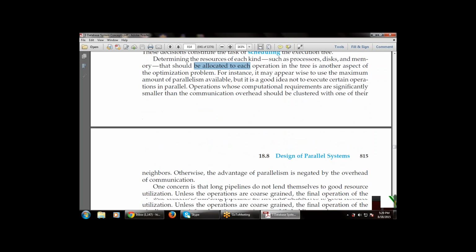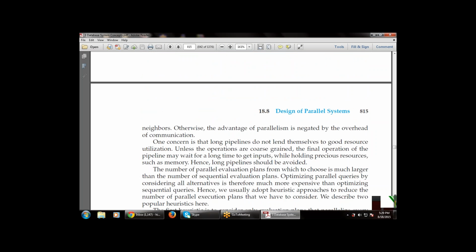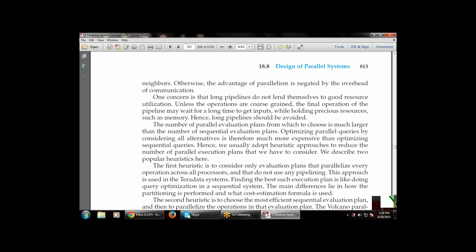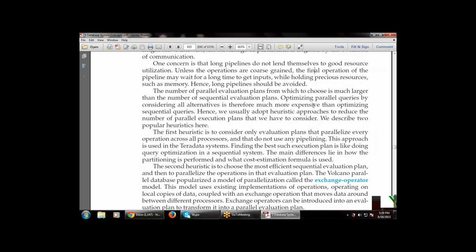The advantage of parallelism is offset by the overhead of communication, and one concern is that long pipelines do not lend themselves to good resource utilization.